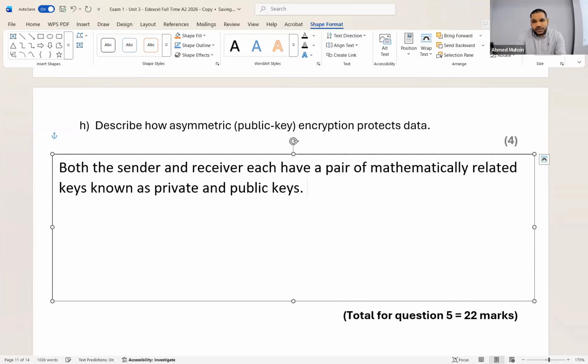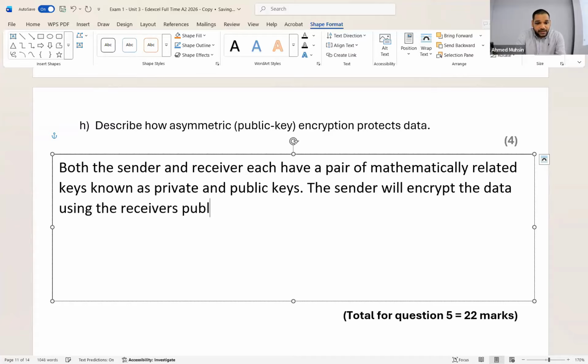Now go on to mention the sender will encrypt the data to be transferred using the receiver's public key.